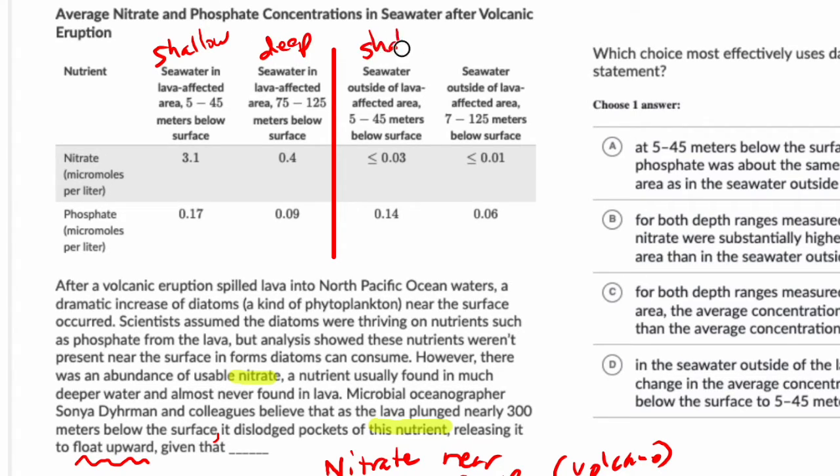And then shallow and deep, or really deep, not as deep. Okay, and so nitrate levels are higher in both of these cases. Like 3.1 is a lot greater than less than 0.03, and 0.4 is greater than less than 0.01.